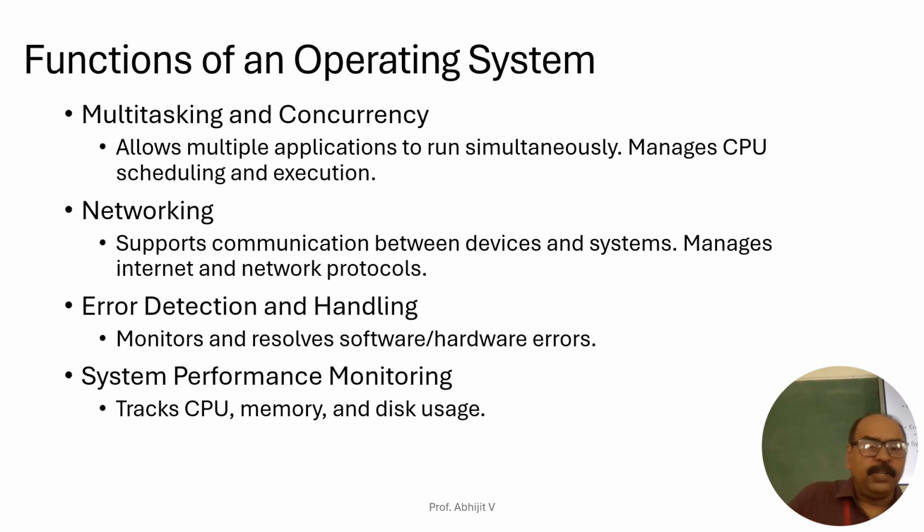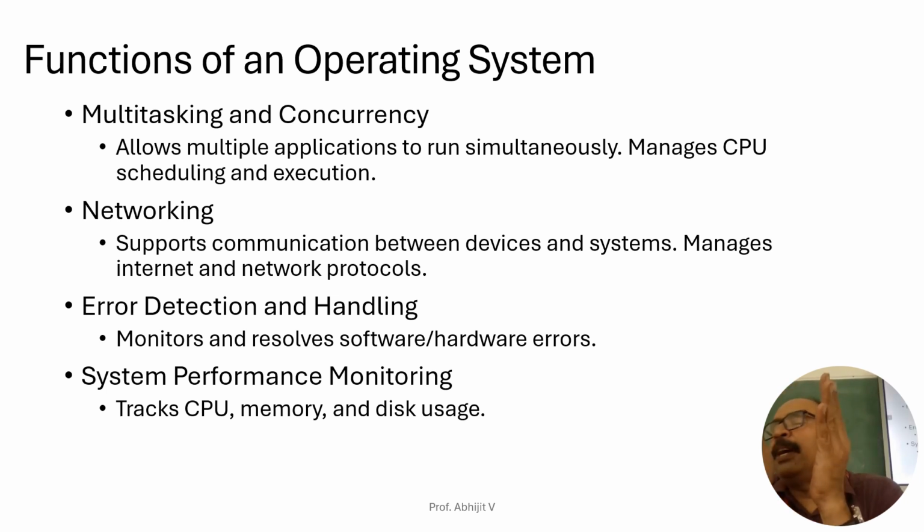Next important function is multitasking and concurrency. Multitasking: there can be many people using the same computer, right? So a central processing unit can be connected to multiple people, and this process of managing multiple people is called multitasking.